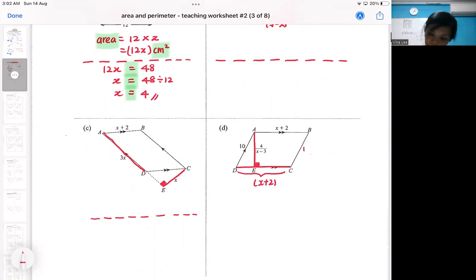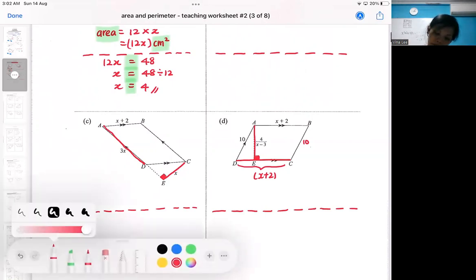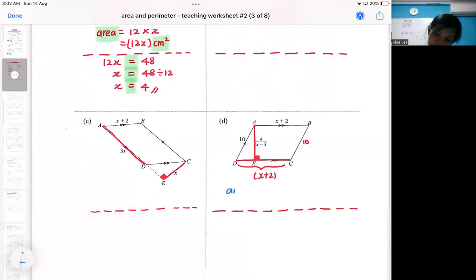Bracket up the algebra. Some of you may not have the habit. It's a very bad habit by now if you still don't bracket up your algebra. Okay, so I will show you this part. I'm going to do my area. I found the 90 degree already. So it is a fraction multiplied by a bracket.